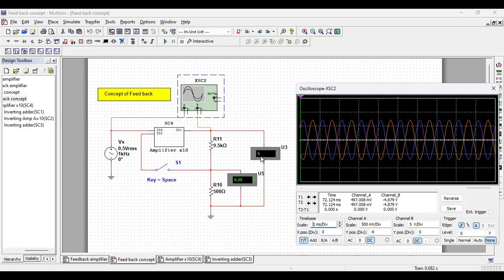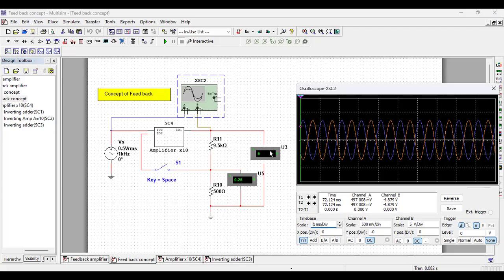Now here I have made a potential division of 9.5 kilo ohm and 500 ohm. That means the total is 10 kilo ohm and this is 500 ohm. So this is a 1:20 ratio, right?